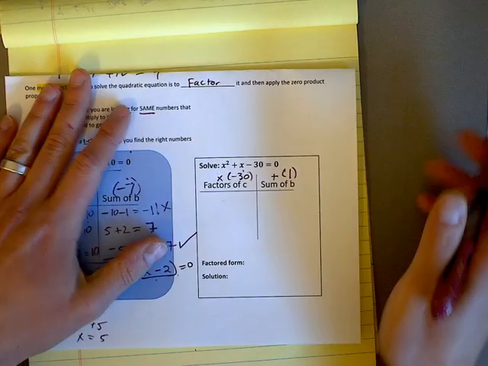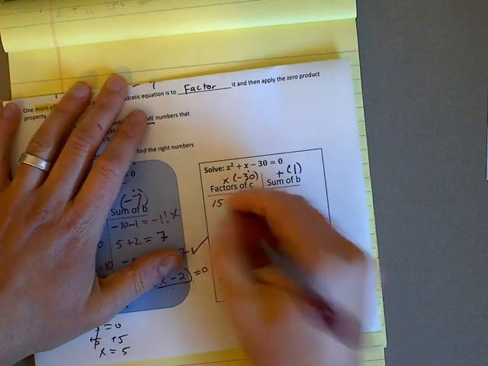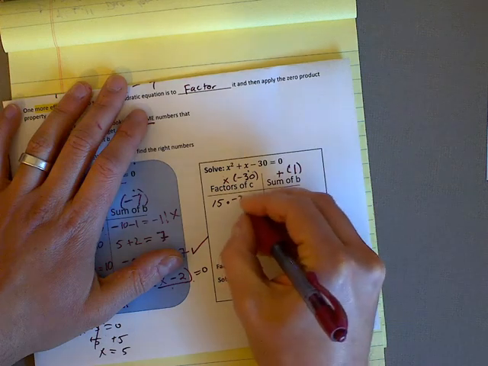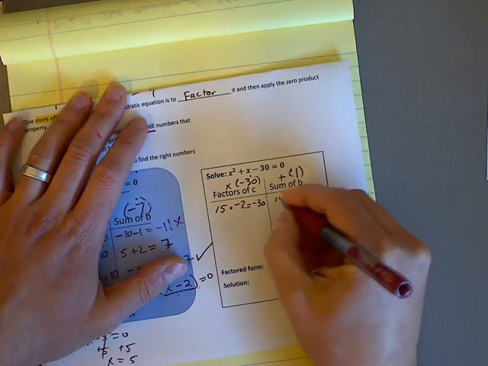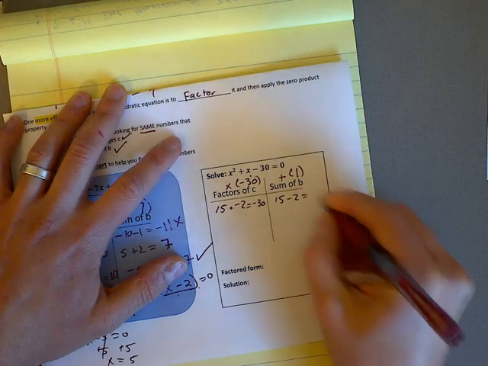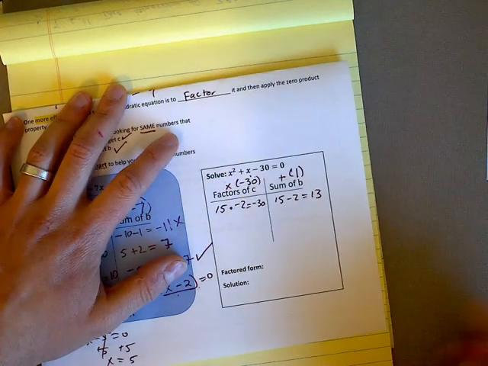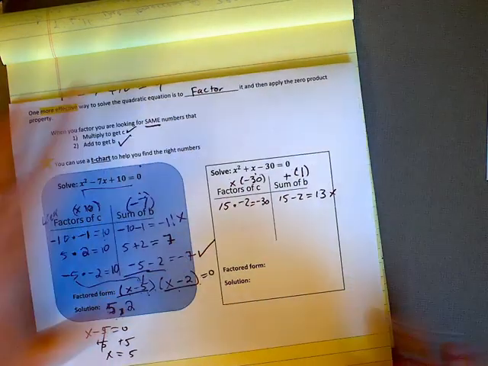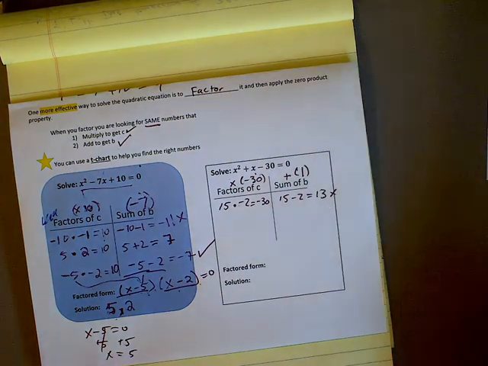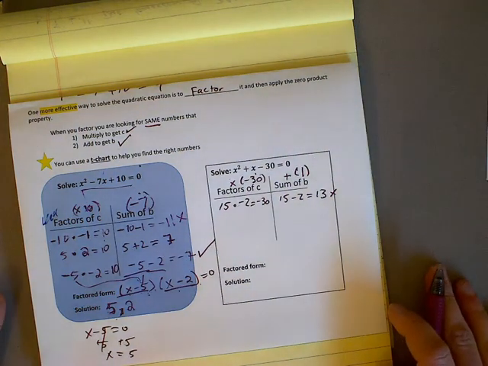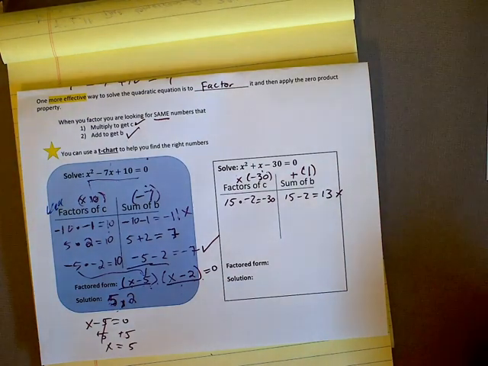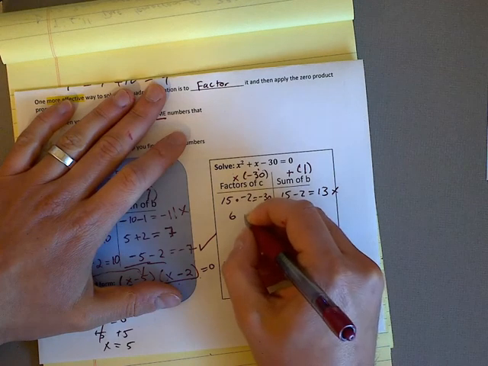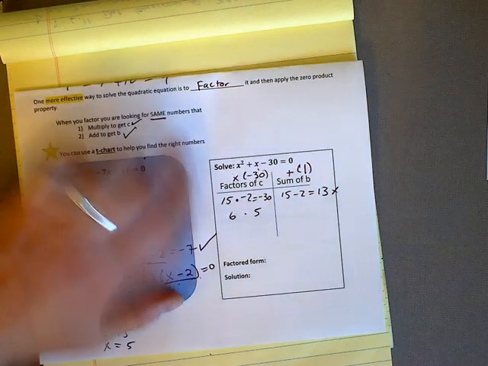So one thing I can think of is maybe positive 15 times negative 2. That's negative 30. But if I do 15 minus 2, that's 13 and not 1. So those factors won't work. What else can I take? I can take a couple of different ones, but I know the ones that will work are 6 and 5.